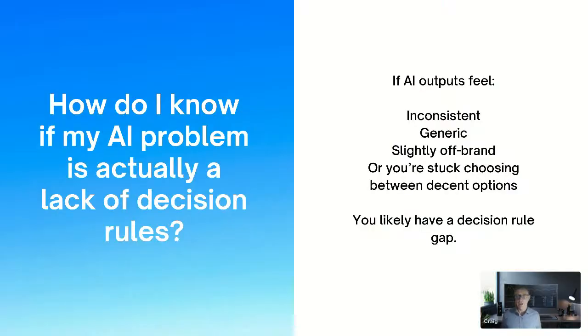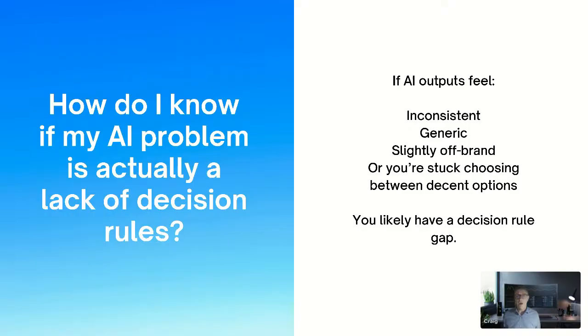How do I know if my AI problem is actually a lack of decision rules? Well, if your AI outputs feel inconsistent, generic, slightly off-brand, or you're stuck choosing between decent options, you're likely to have a decision rule gap. Here's the key sign to look for.